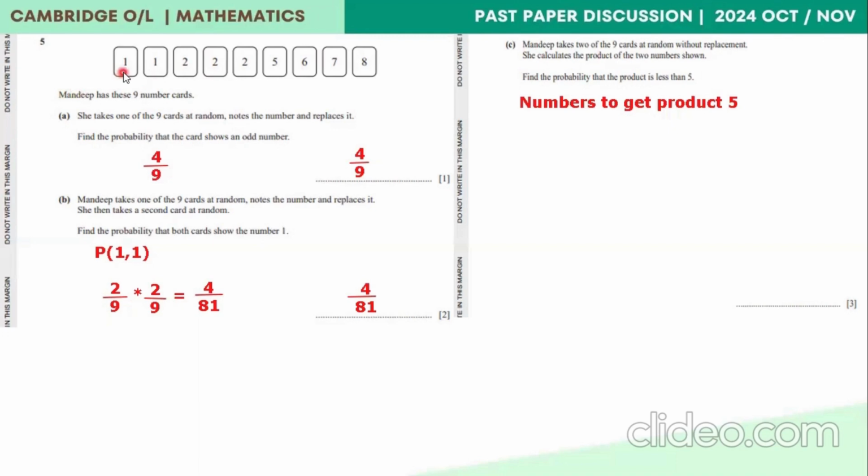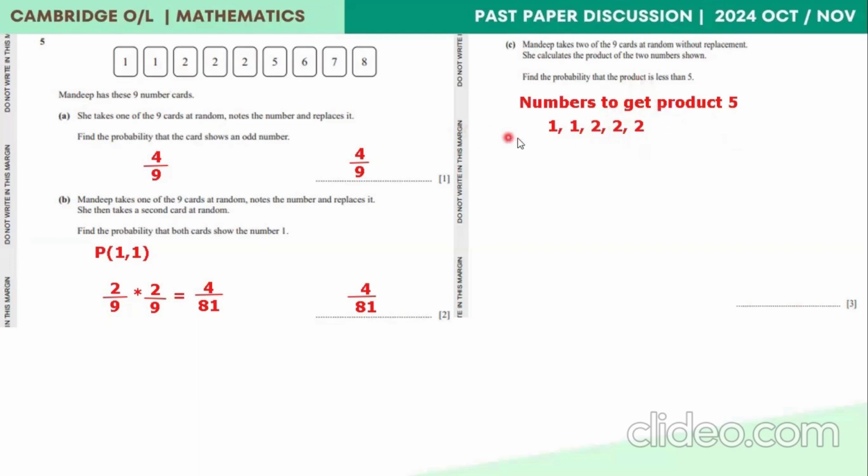So the different combinations are going to be within these 5 numbers: 1, 1, 2, 2, and 2. So you can see using any two numbers from this, she can get a product of 5. So I hope that's clear.